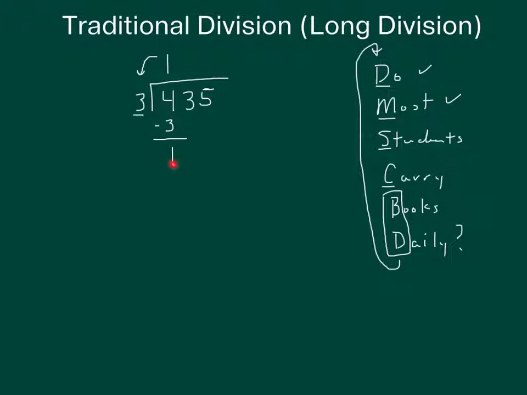Once I have subtracted and got my difference, I'm going to compare this difference with the divisor. What I'm looking for is to make sure this number is smaller than the divisor. It is. If it was 3 or bigger, the same or larger, that would tell you that you didn't do your dividing or your subtracting correctly.